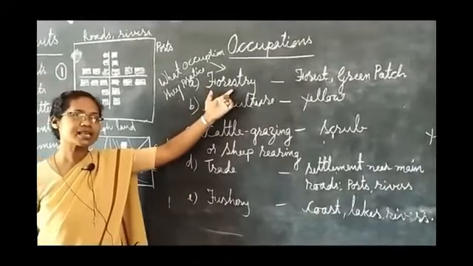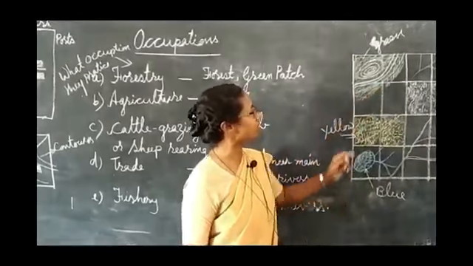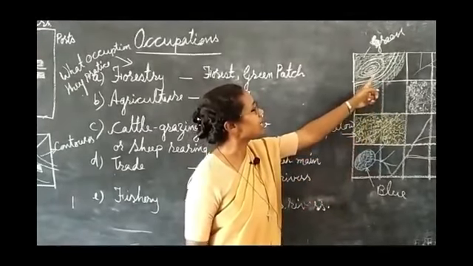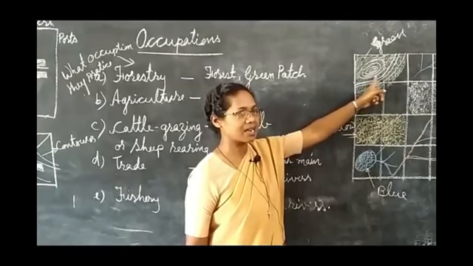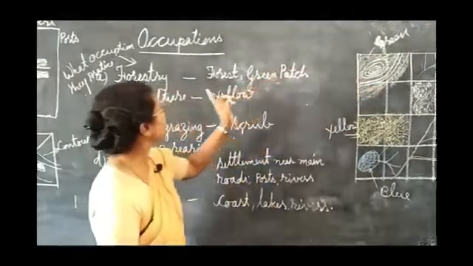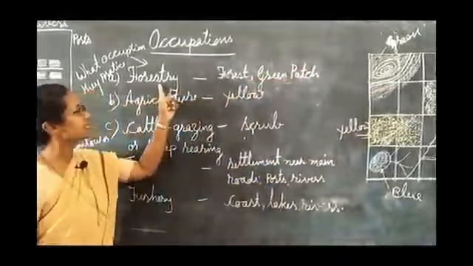That means these forest areas are found in the mountain area. Seeing the contour lines close to each other, therefore their occupation will be forestry. Those people settled on the mountain areas, their occupation is forestry.